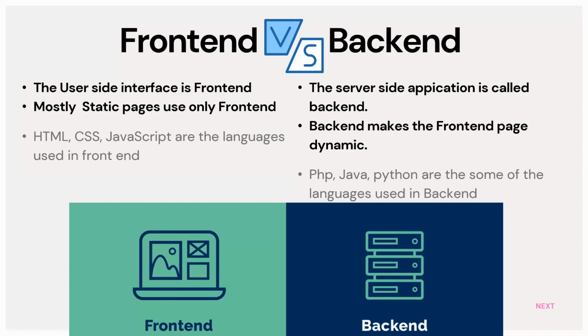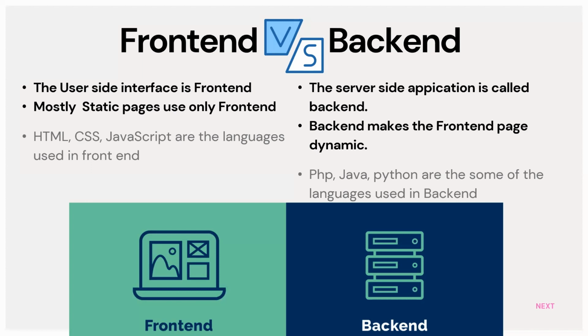So now let us look into the backend. Backend is the server-side application. It handles data storage, processing, and server-side logic. It acts behind the scenes. It is the part of a web application that makes the front end page more dynamic.